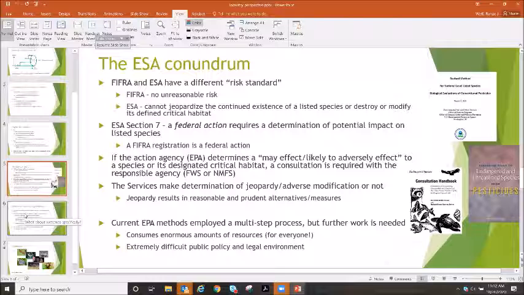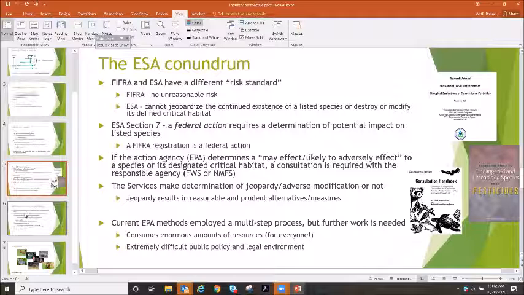The way it's working, and this is a very complicated and evolving process which we're not going to get into, is that EPA determines a may affect or likely to adversely affect to a species or its critical habitat.